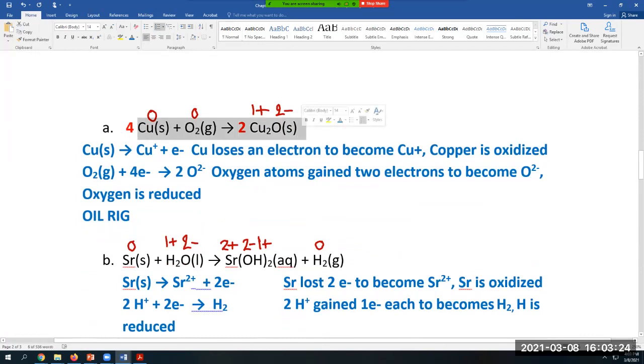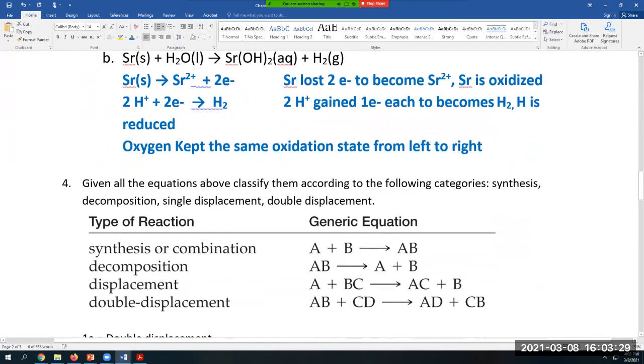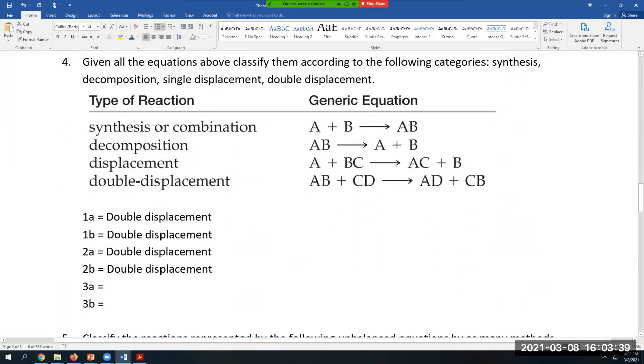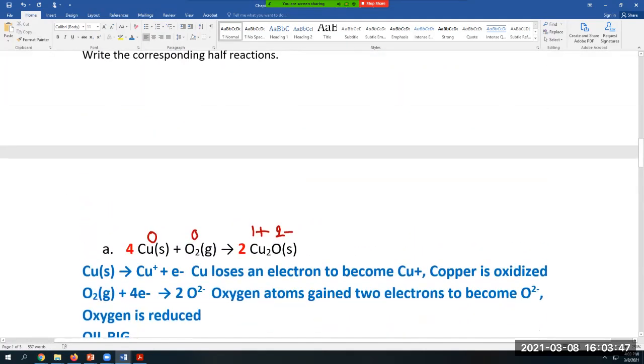That's the key to recognize what we call a synthesis or combination, when you have two reactants or more combining into one bigger molecule. So the key to recognize a synthesis or a combination is the fact that there is only one product. So that was a synthesis because we had only one product, the Cu2O.